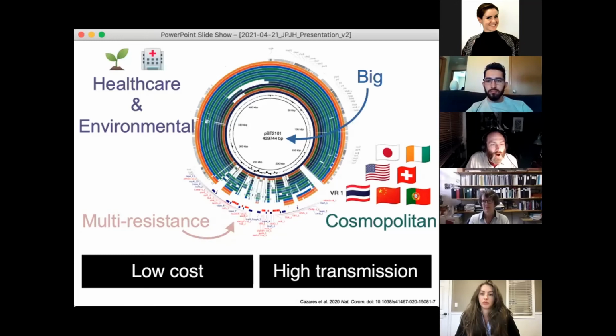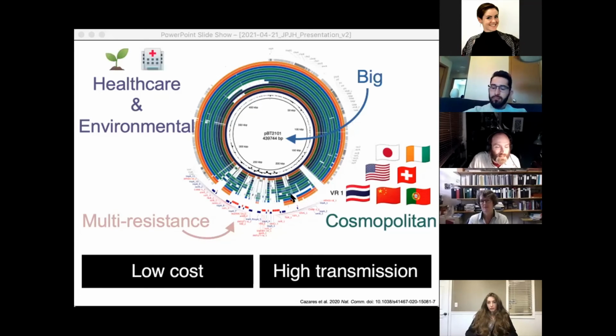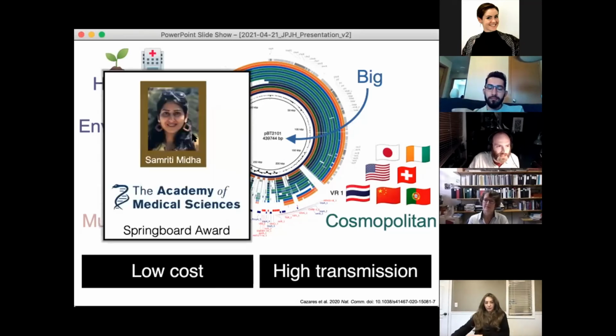Okay, so I want to understand how these plasmids are affecting the phenotype of the bacteria that acquire them. I wanted to understand what the features are of these strains that enable them to maintain them and transmit them. And I want to understand how these megaplasmids are spreading in multi-species communities. And these are some of the ambitions I want to try and get started on in my first grant, which I got last year from the Academy of Medical Sciences Springboard Award.